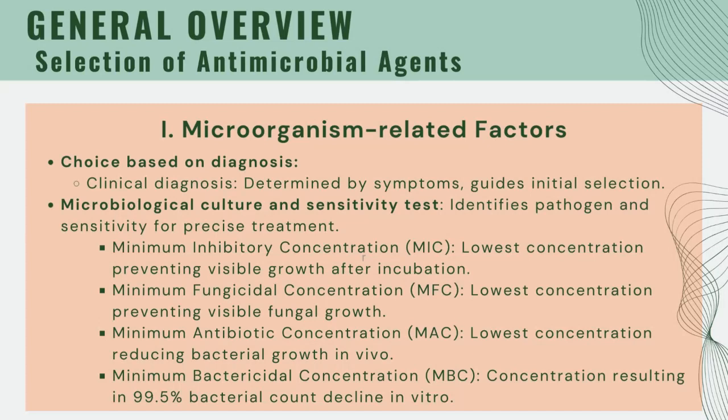Additionally, MAC signifies the lowest effective concentration of antibiotic at the infection site in vivo, typically around 1/10 of the MIC, and MBC indicates the lowest antibiotic concentration resulting in significant decline in bacterial count in vitro. These parameters provide a comprehensive framework for selecting the most suitable AMA and determining the appropriate dosage regimen.